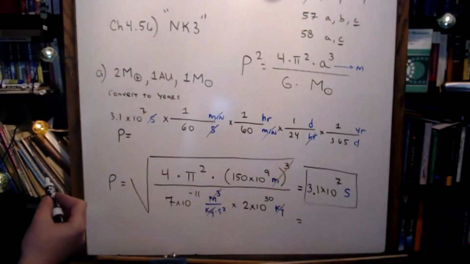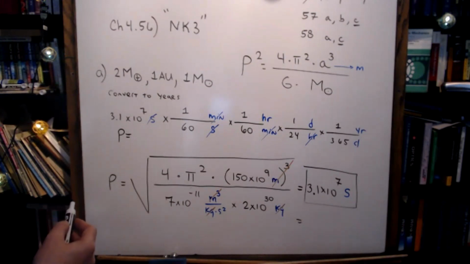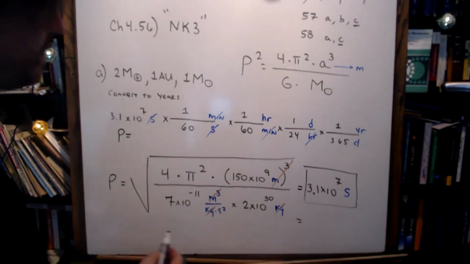I got 0.9830. This is really close to what number? Wicked close to 1.0. Just 1. 1 year.